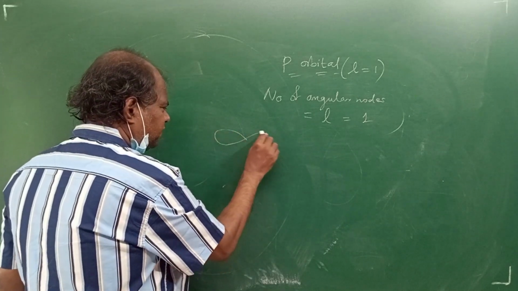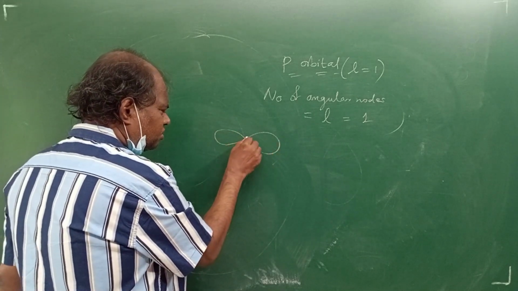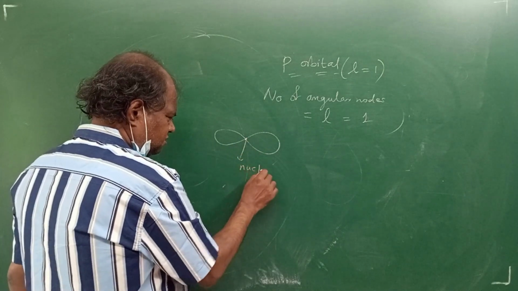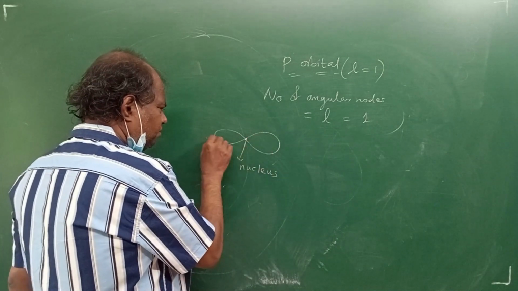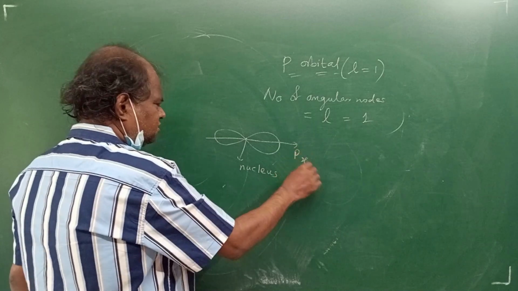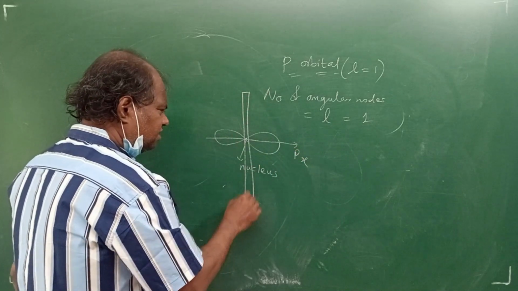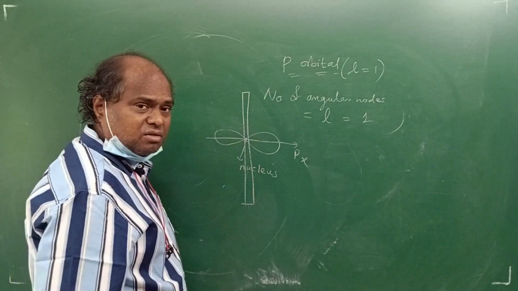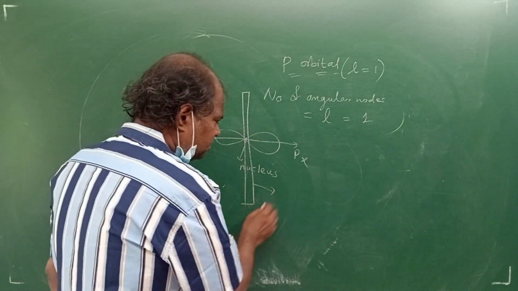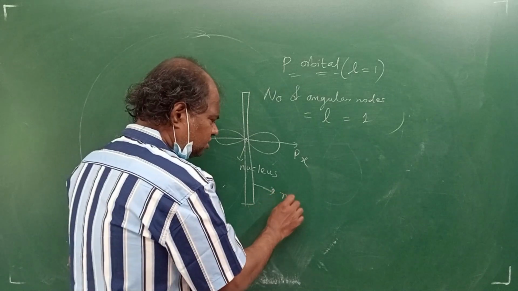This is px, right? This is the nucleus. This is your px orbital. Now, students, this plane, which contains the nucleus, you can't see the electron here. No electron here.